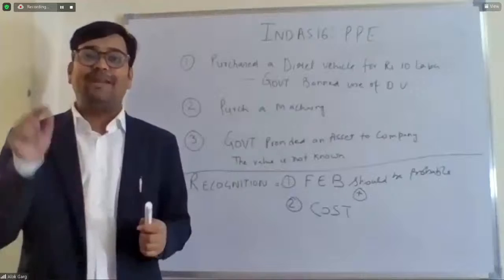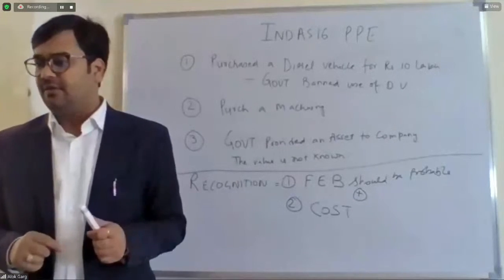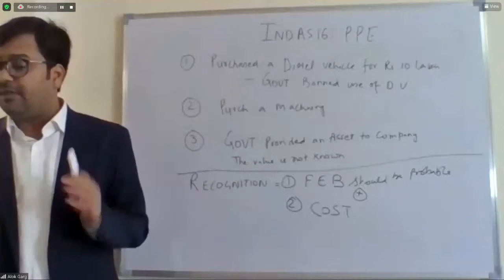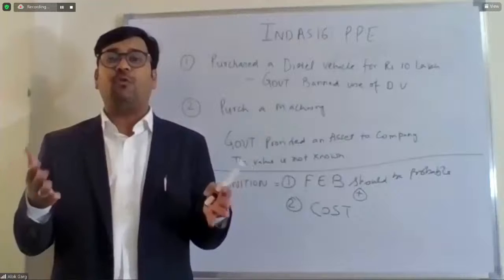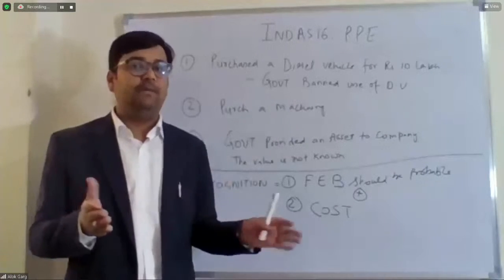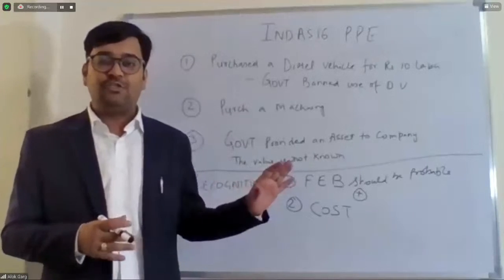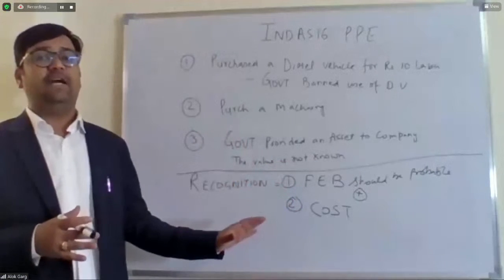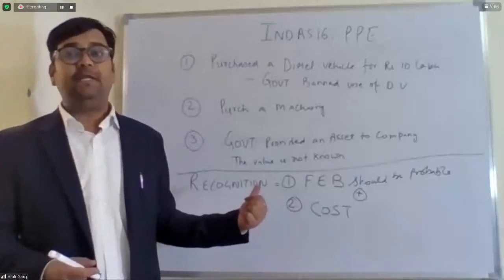First, you are expecting a future economic benefit out of using that asset. The second, you must be able to quantify, or determine the cost of that particular asset. So these two criteria must be satisfied for recognizing a particular item as a PPE.